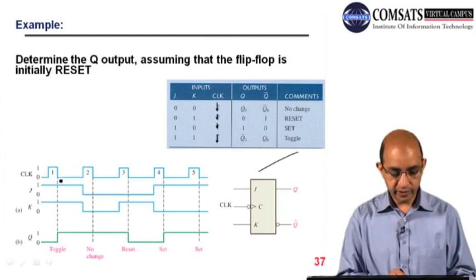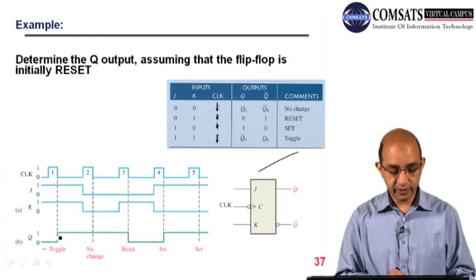This is the clock, and this is J 1, K 1. So here you will have a toggle, because the previous state is 0, so it has to toggle and will attain 1.